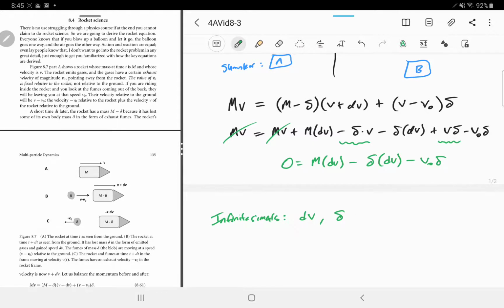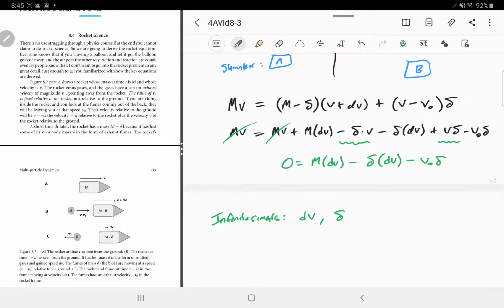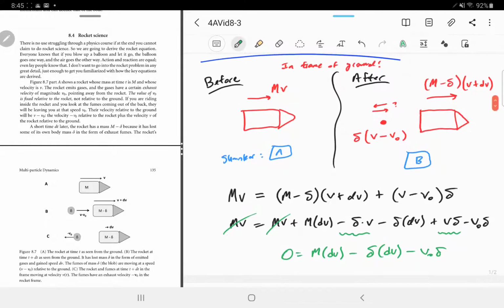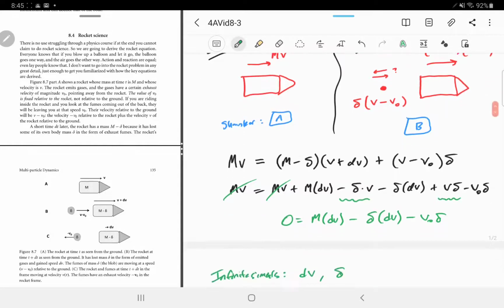So your book was trying to do you a favor by reducing the number of infinitesimals. Delta is an amount of mass that was ejected, but it's an amount of mass that will shrink to 0 with the dv and the time. Remember that we're imagining a before and an after where the delta t shrinks down to 0. And if that shrinks down to 0, then the amount of mass ejected shrinks down to 0 if you're emitting mass at a continuous rate.